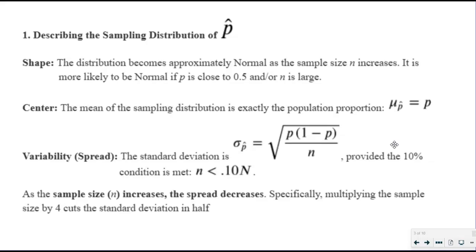Just note that as our sample size increases, the spread will decrease, as you probably saw when we looked at the mean scores of people that took the AP test. As you get more values into your sample, the variability decreases, and we zero in even more on the true value.